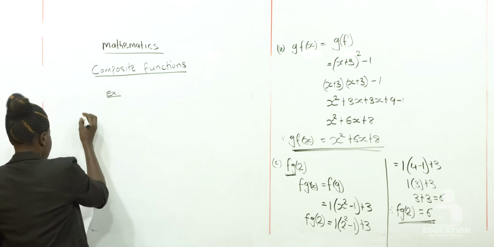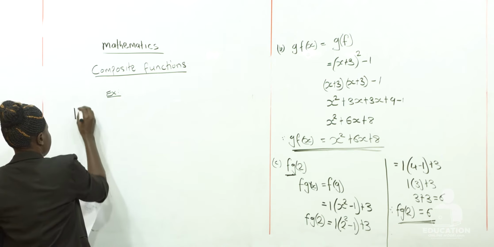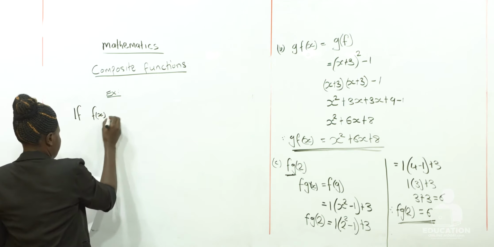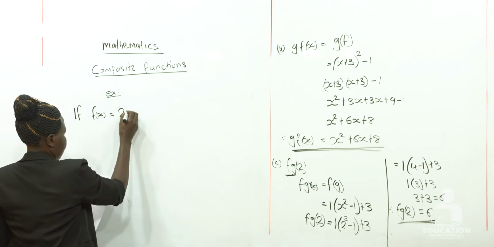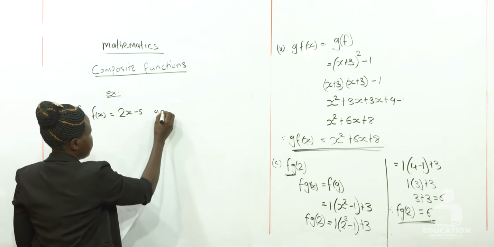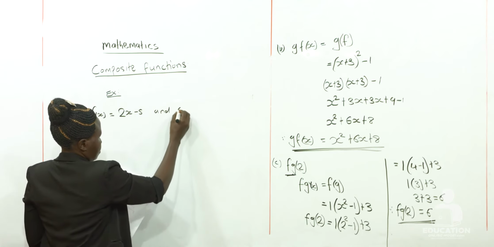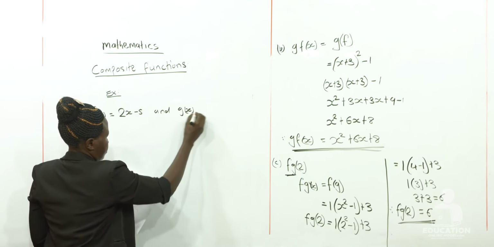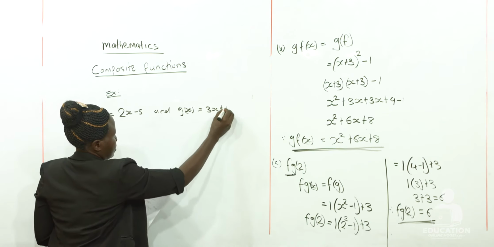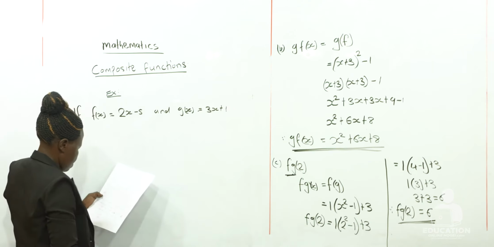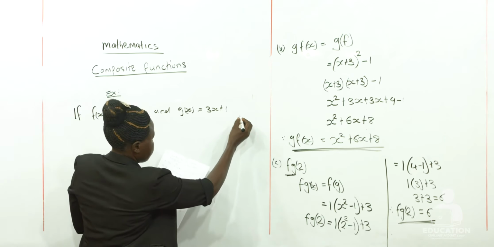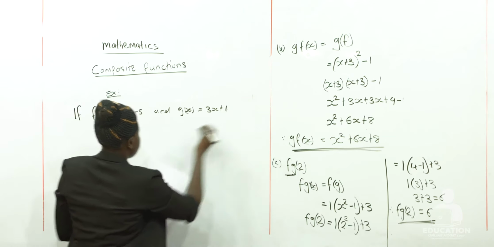So you say, if f of x equals 2x minus 5 and g of x equals 3x plus 1.